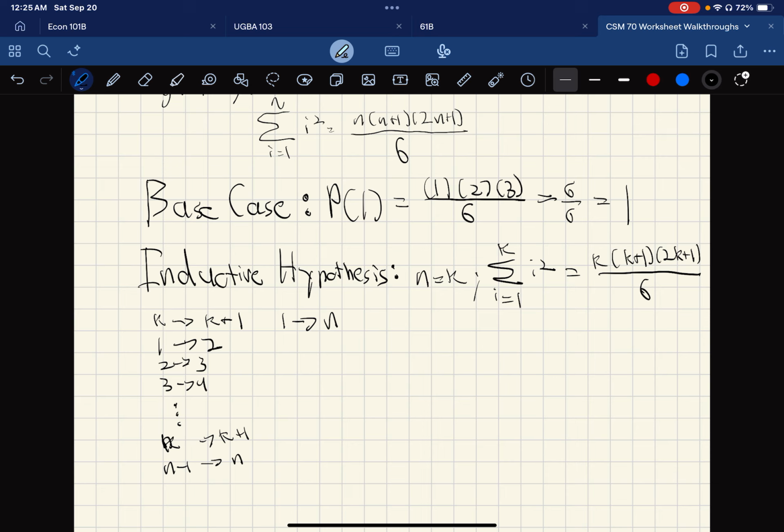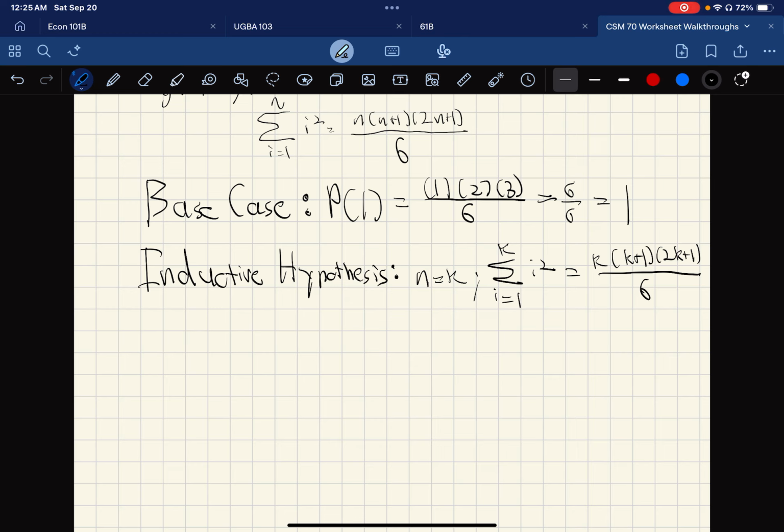It will always prove one number below proves one number above. It's like a chain of dominoes: 1 implies 2, 2 implies 3, 3 implies 4, a domino effect all the way up to our desired number n. This alone is enough to prove the statement, so we're not going to need strong induction for this problem.